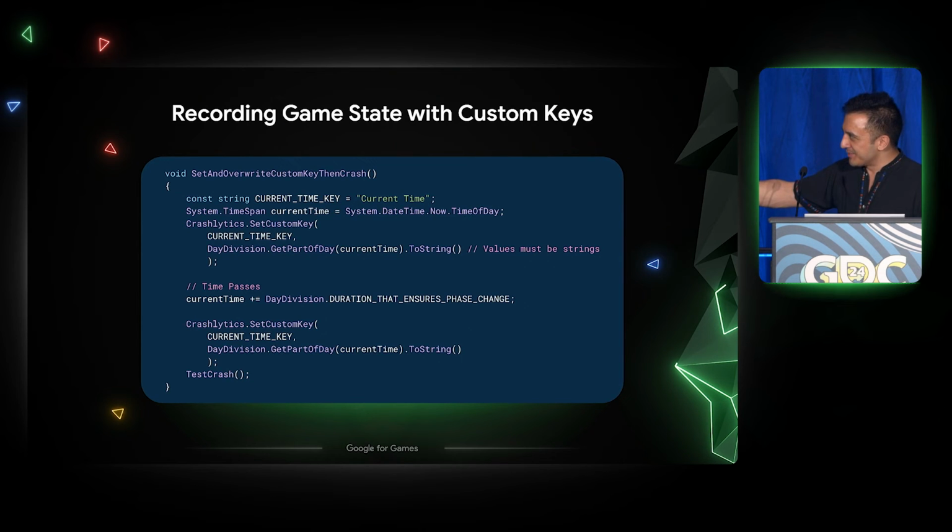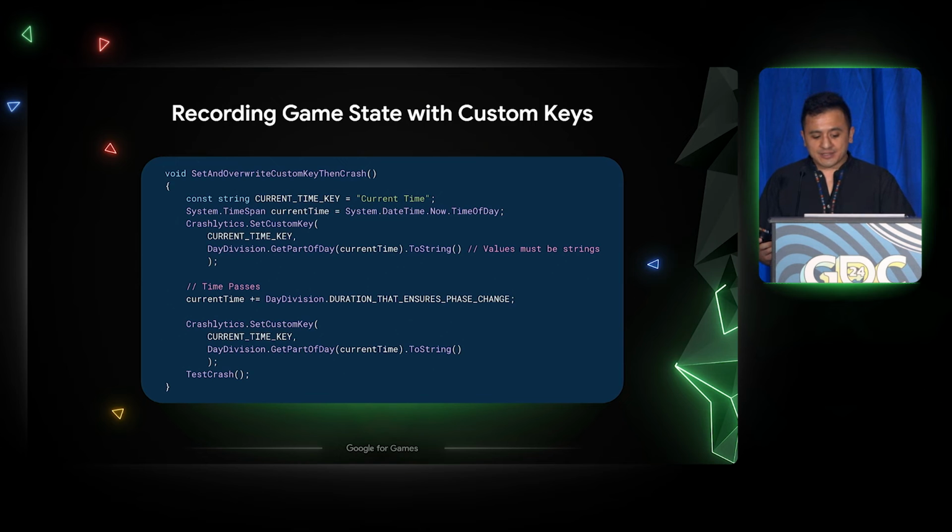But I simulate time passing by adding a duration, named something very related to this, which is a duration that ensures phase change. So in this case, the phases are morning, noon, afternoon, evening, and night. Basically, this just makes it so that it has to switch between them, and then it sets the custom key again.